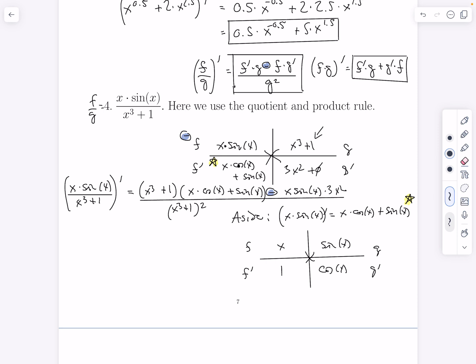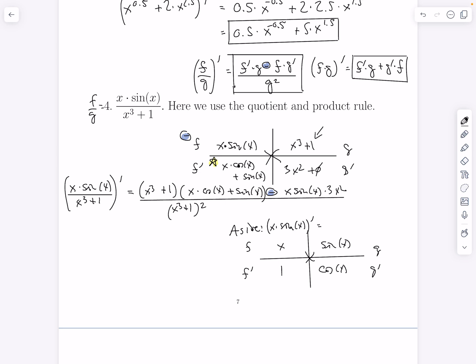I'll move the side a little bit down. Use my space properly, yeah? Okay.